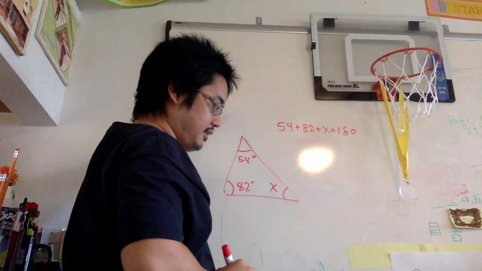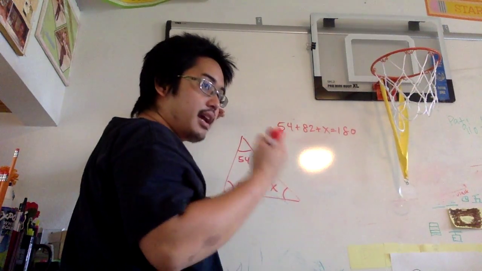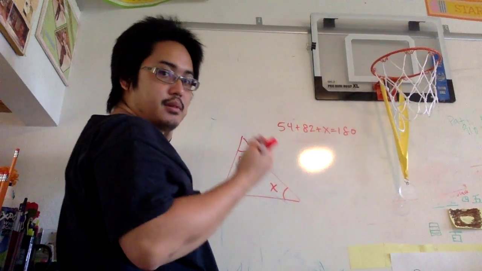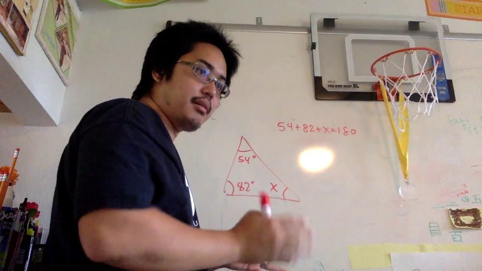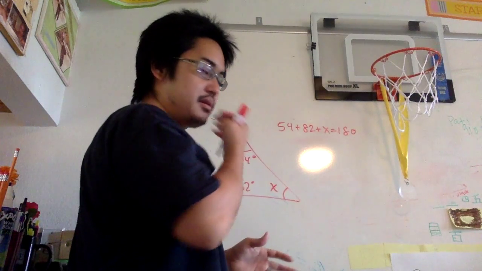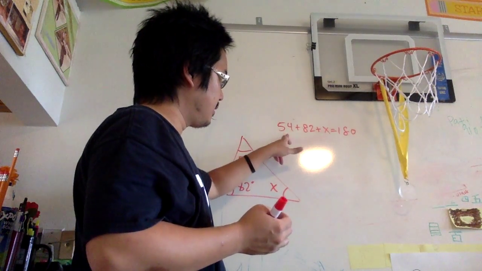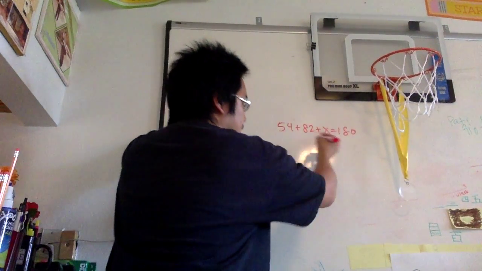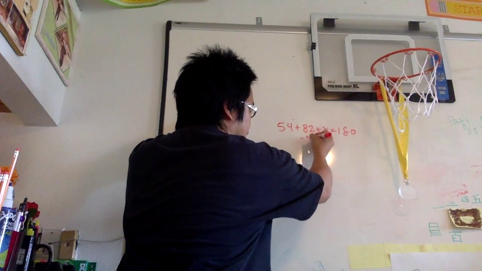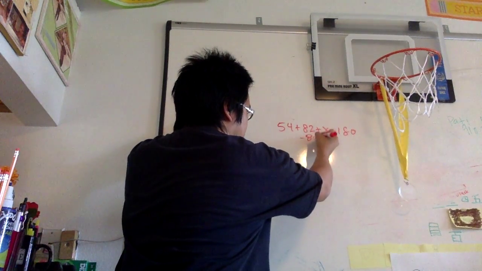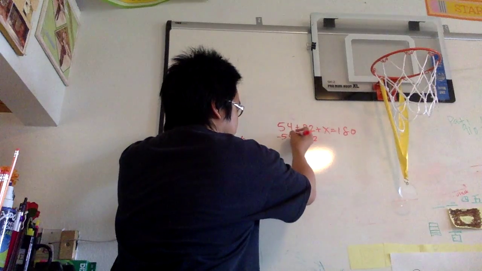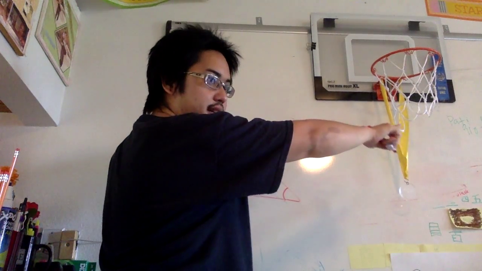So I want to get x all by itself. What's stopping x from being all by itself? The 82 and the 54. So you have to do the 54 first. Actually, you can do them both at the same time. You just subtract them over to that side, right?